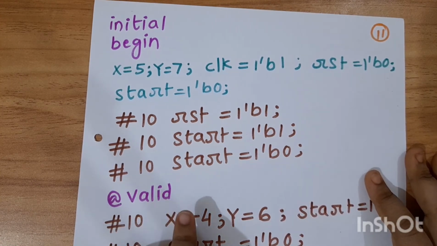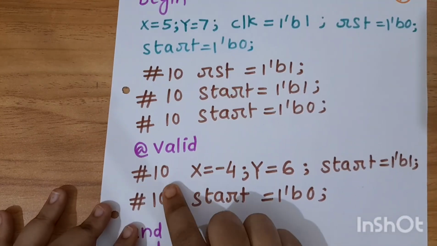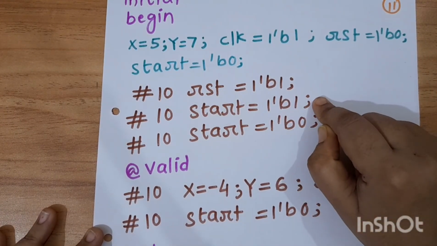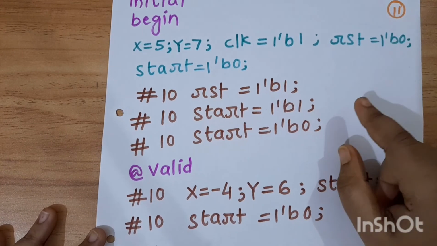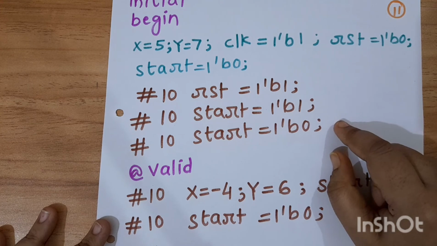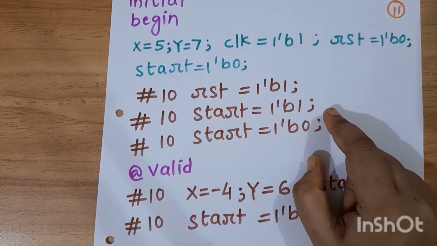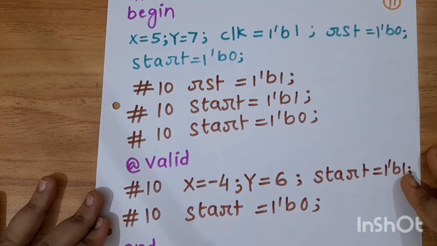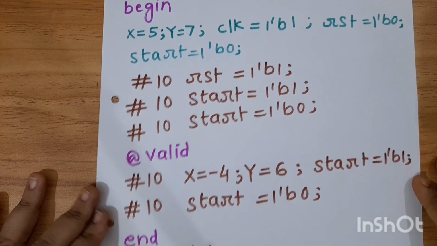After #10, start equal to 1'b0 semicolon. Okay. So here start has been made 1. Initially reset was there. All the variables in the code have been initialized to 0. Then the reset is made 1 and then start is made 1. Then the FSM of the code will be entered. From the idle state it would go to the start state.